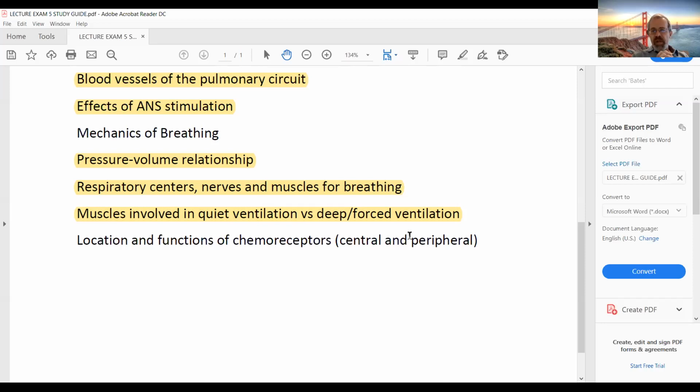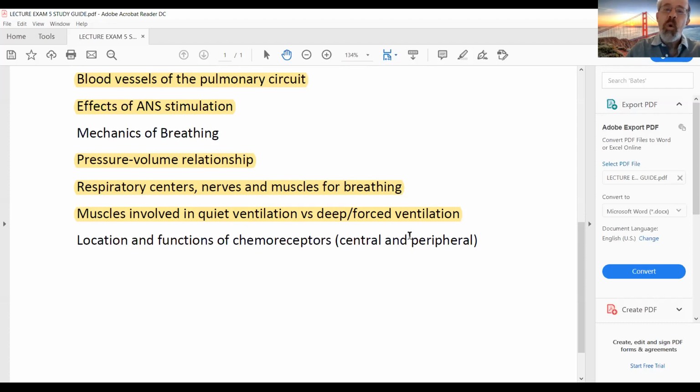Changes in oxygen at sea level where we're at don't really modify our breathing. You have to go up to a really high altitude, like Mount Whitney or some of the higher mountain peaks where oxygen is very low, and that can influence breathing. But primarily at sea level, the chemoreceptors respond to levels of CO2 and pH.